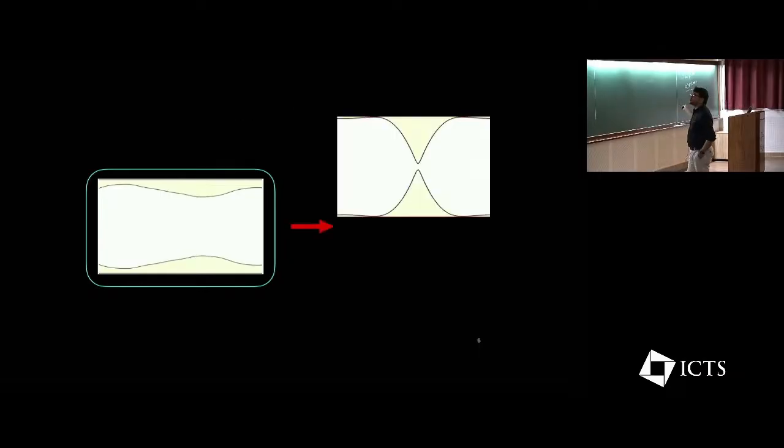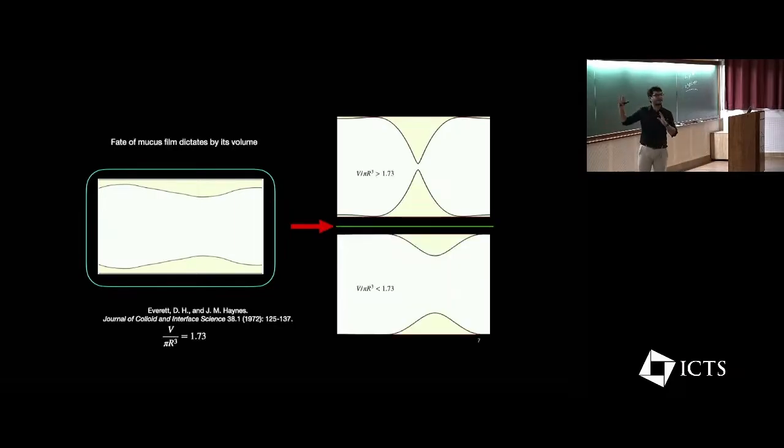So in the mucus film, because of Rayleigh-Plateau instability, most of the mucus starts gathering into a liquid bulge, and that liquid bulge, depending on the volume of the mucus, can form a plug if the mucus volume is very high. On the other hand, if the mucus volume is not that high, it can remain there as hanging undulations.